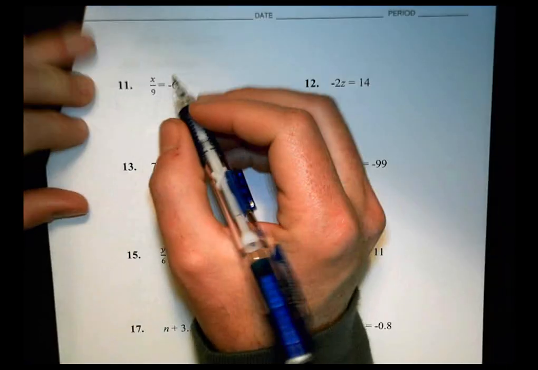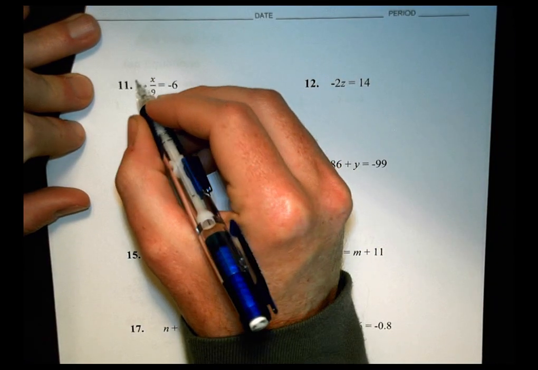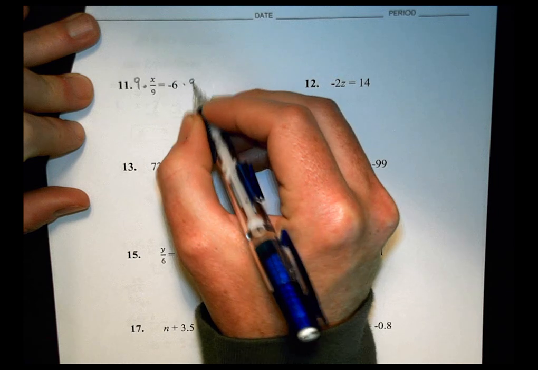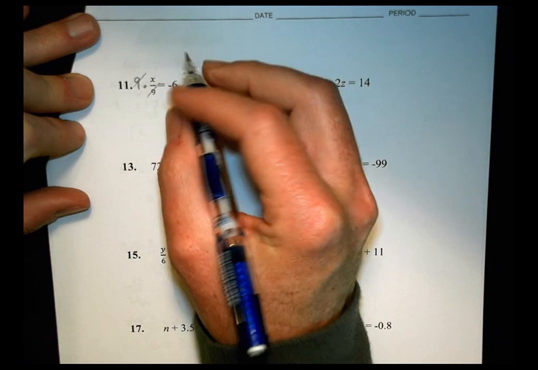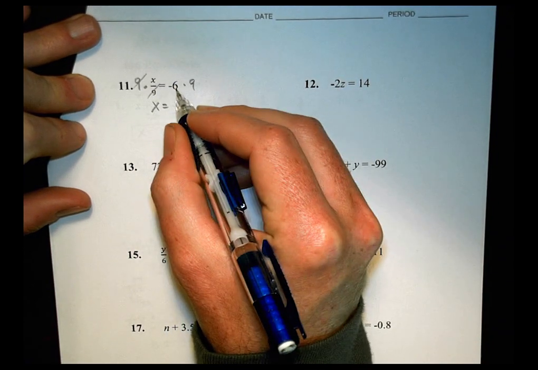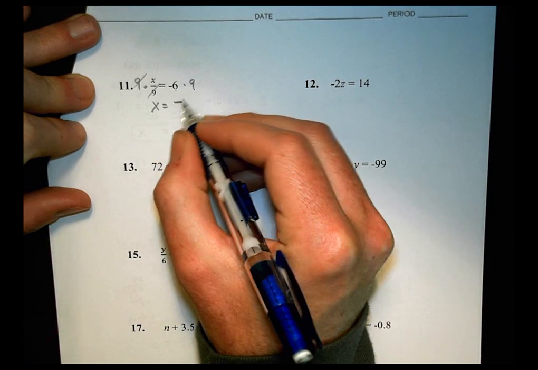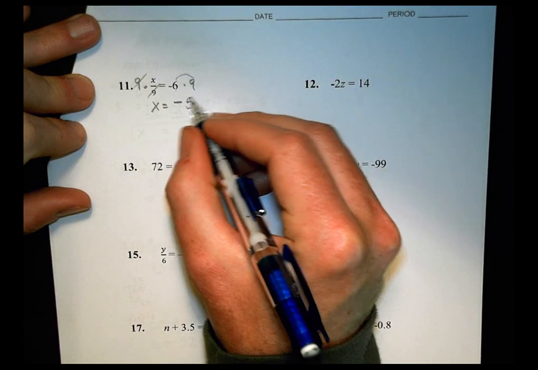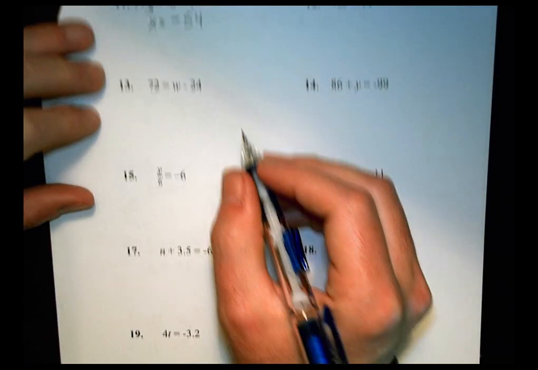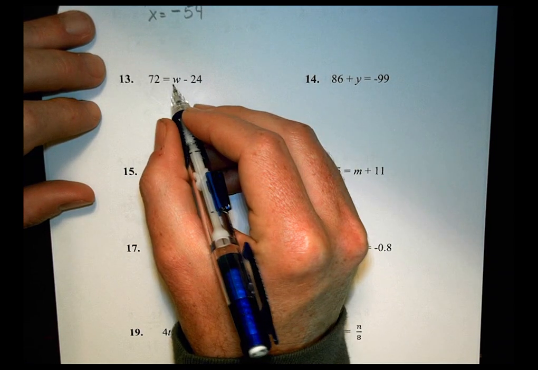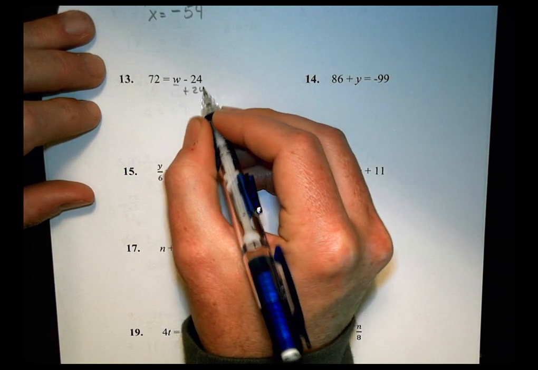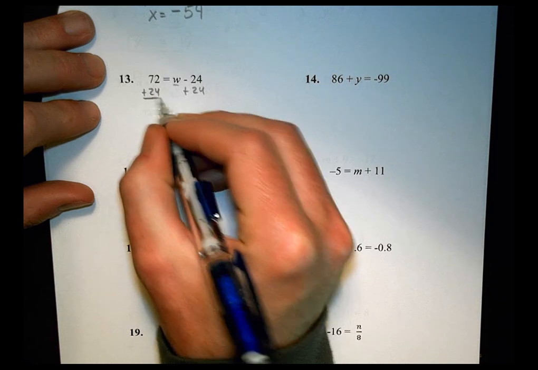Okay, to get the x by itself, I'm going to multiply both sides by 9, because this will reduce. X is left over here, and a negative times a positive is a negative. 6 times 9 is 54. Number 13, get the w by itself is the goal, so I'm going to add 24 to both sides.